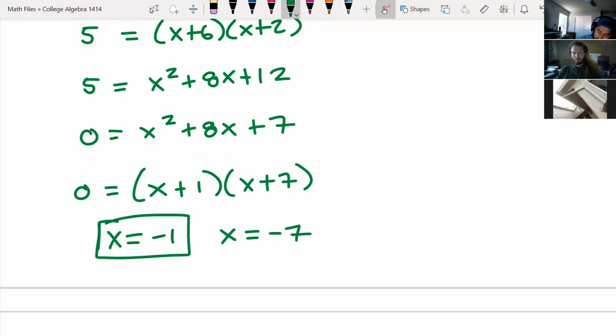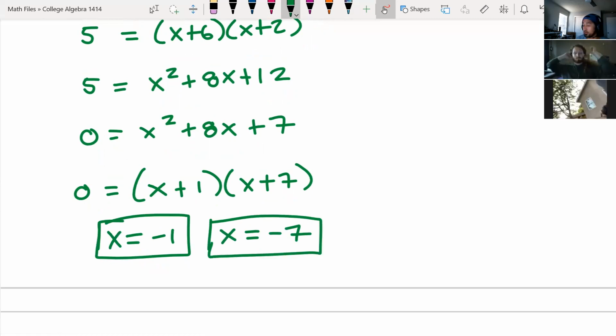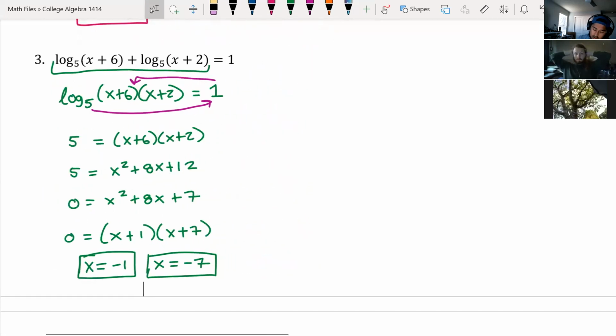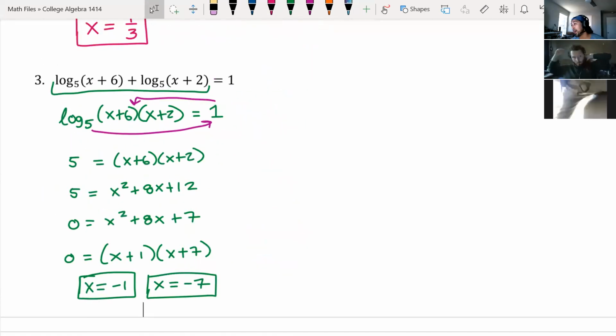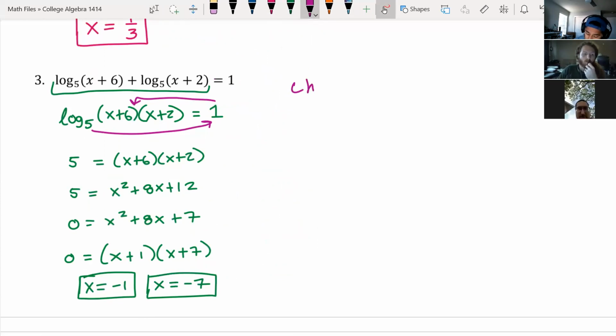But our question now is, who works and who doesn't work? One quick way to find that out is just to check your work. Let's say we wanted to check, and we check x equals -1.